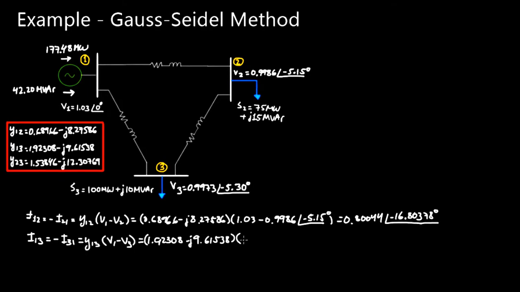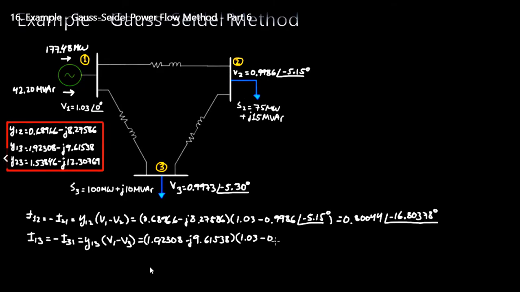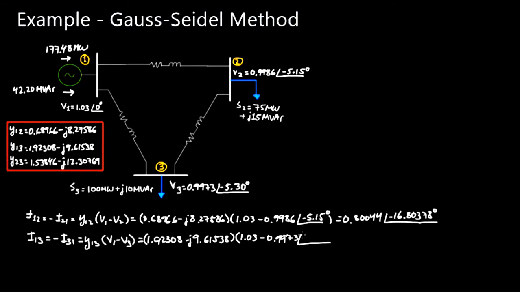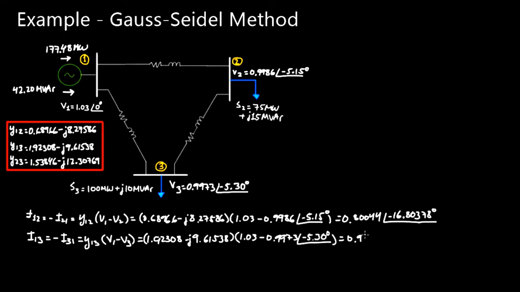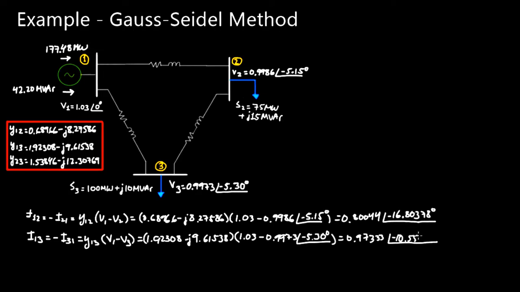That times V1, so 1.03, minus V3, which is 0.9973 at an angle of minus 5.30 degrees. If we calculate this, we get that the current is equal to 0.97333 at an angle of minus 10.55324 degrees.